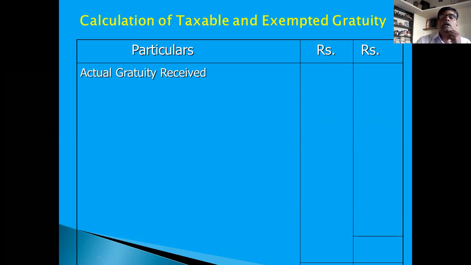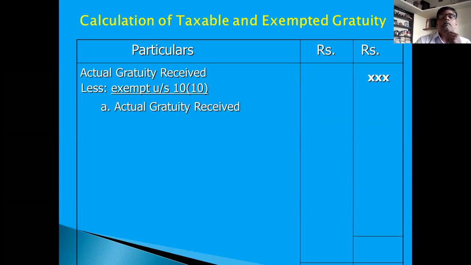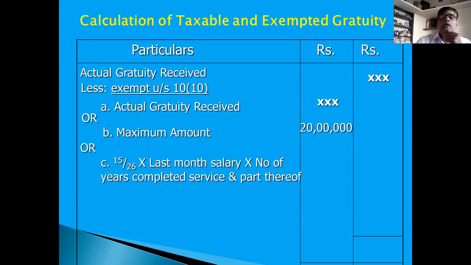You take the actual gratuity received and less exempted. Exempted means the least of the three. Actual gratuity received you take first. Second, you take the maximum amount, 20 lakh. And third, you calculate 15 days salary: 15 divided by 26 into last month's salary, into the number of completed years of service or part thereof.